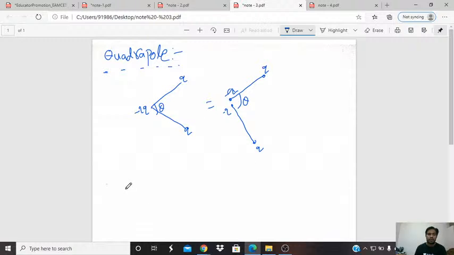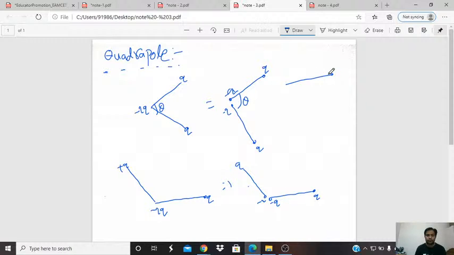Or suppose the system is like this: q, minus 2q, plus q. So we can write it as what? Minus q, q, minus q, q. So two separate dipoles are minus q, 2q, minus q.